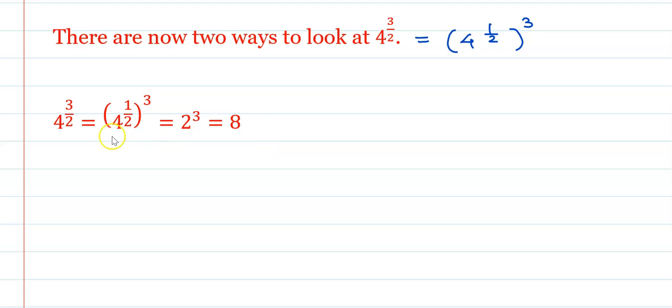Okay. And therefore, first 4 raised to 1 upon 2, bracket raised to 3. But 4 raised to 1 upon 2 means square root of 4, that is equals to 2. 2 raised to 3, and here is 8. Okay. If first we are taking here the denominator, that is 4 raised to 1 upon 2.